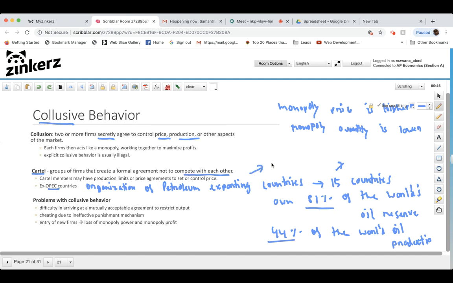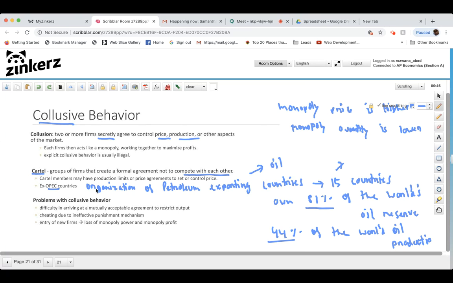They want to avoid the fluctuations in the world economy. So they formally meet and agree on a price of oil and how much each country is going to produce, and this way they can help each other by not competing with each other.